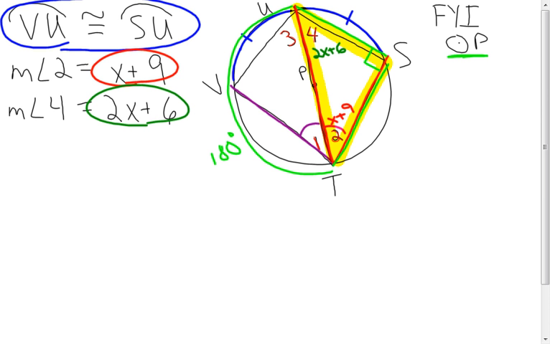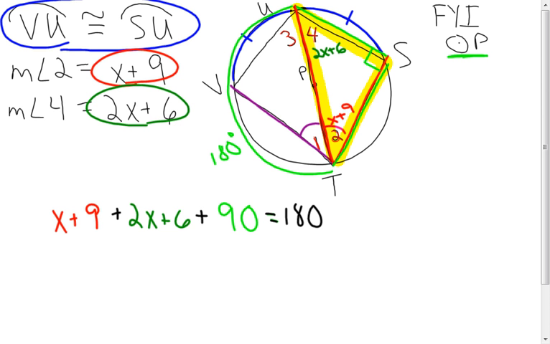In terms of x, I can write an equation to solve. I take the measure of angle 2, which is x plus 9, and the measure of angle 4, which is 2x plus 6. If I add those together, and also add on the 90 degrees for my right angle, this is all going to equal 180 degrees. Now I have an equation that I can solve.